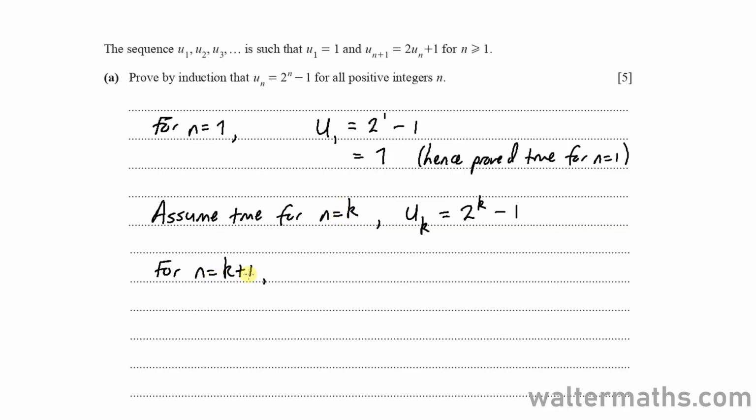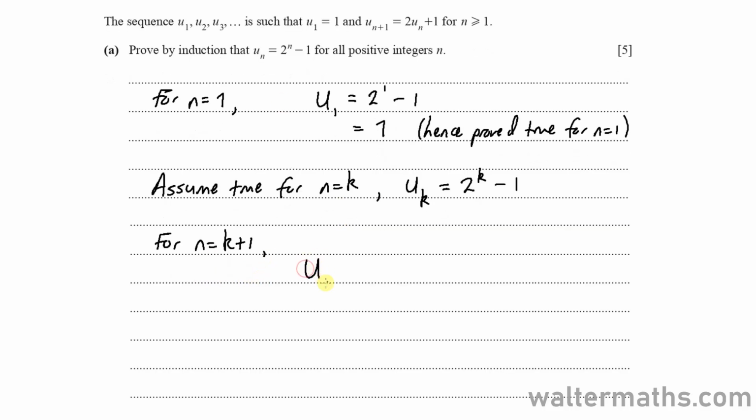So when n is equal to k plus 1, we'll be having u sub k plus 1. And we know from the information given that u sub n plus 1 is 2 of u sub n plus 1. So that means that u sub k plus 1 should therefore be 2 of u sub k plus 1, just following the same formula here.